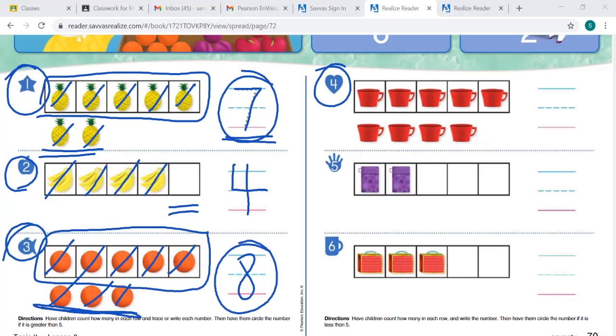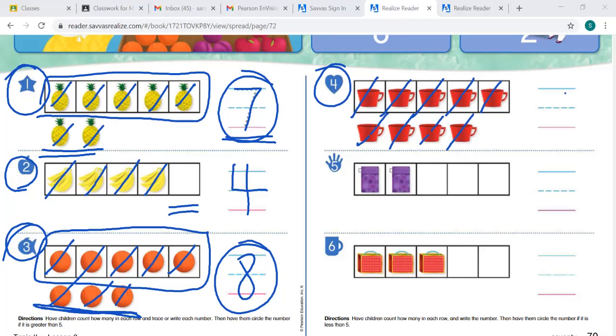Let's look at number 4. On this side, we are going to count the objects. We're going to write the number and we're going to circle it if the number is less than 5. So let's count these mugs together. 1, 2, 3, 4, 5, 6, 7, 8, 9.